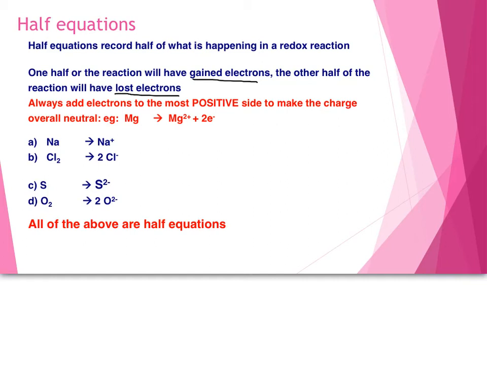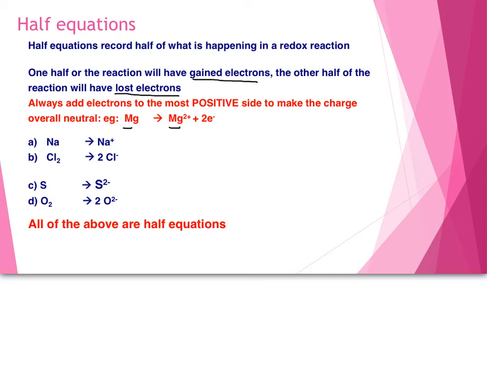So we start off with these half equations with this sort of part. We know that, say, magnesium has become the magnesium ion, so Mg has gone to Mg2+. Now we've got to write in what has happened in terms of electrons.